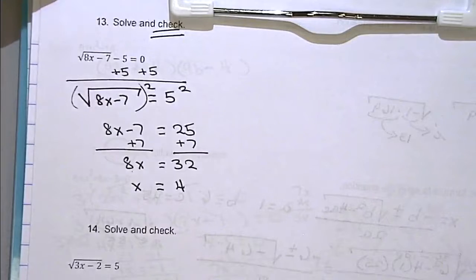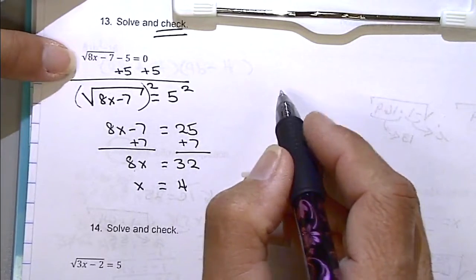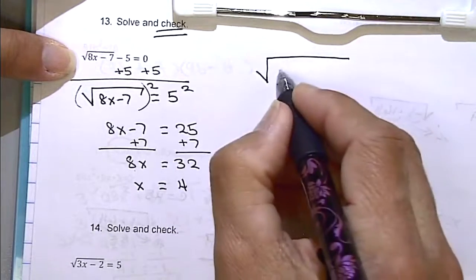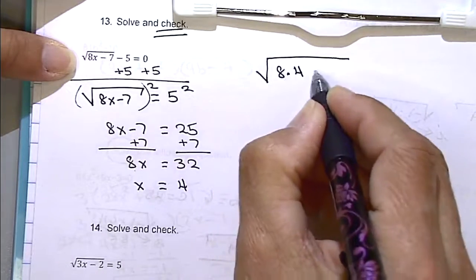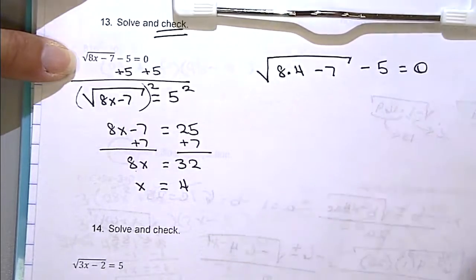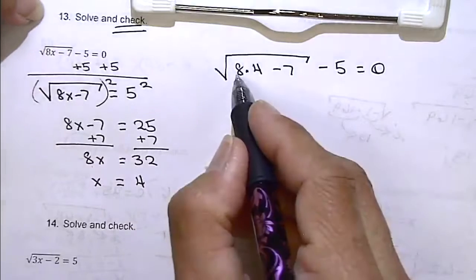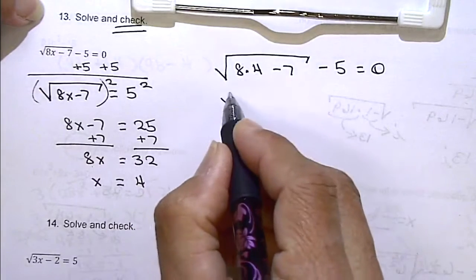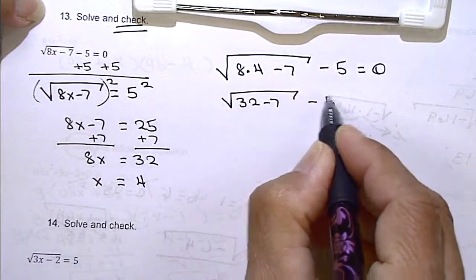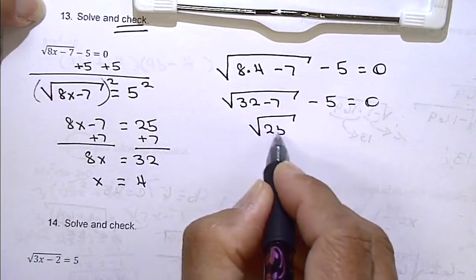x is equal to 4, and don't forget to check. So we go back up here to the original problem, and wherever there was an x, we're going to plug in a 4. The square root of 8 times 4 minus 7, minus 5 is equal to 0. If we have a true statement, then our solution worked. So this is really the square root of 32 minus 7, minus 5 equals 0. 32 minus 7 is 25.